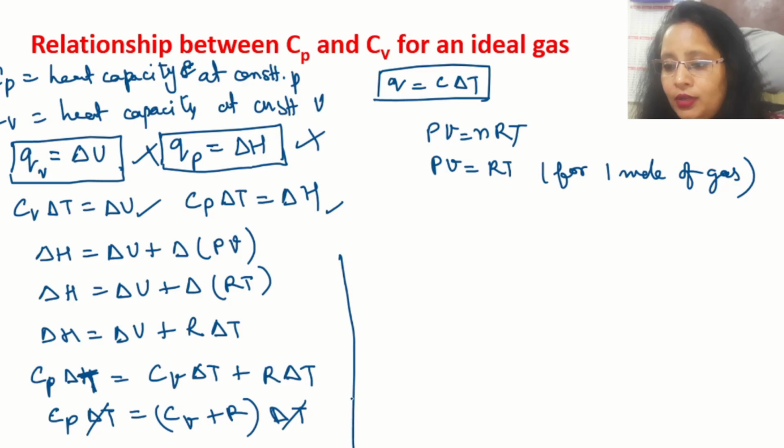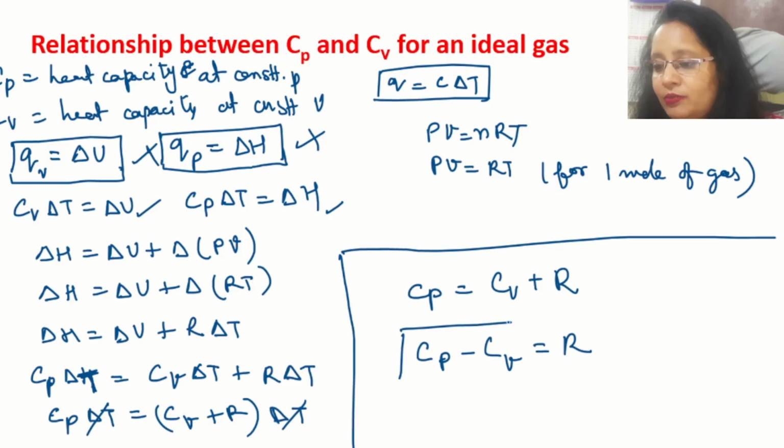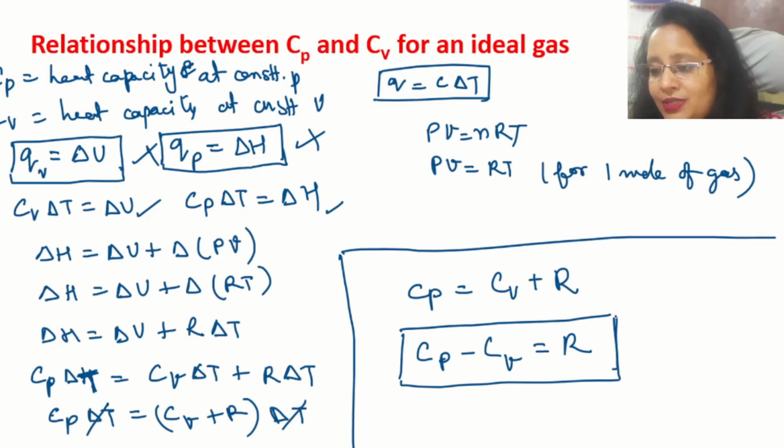What is left over here? We can write Cp is equal to Cv plus R, or we can write Cp minus Cv is equal to R. Now here comes the relationship between Cp and Cv. Cp means heat capacity at constant pressure minus heat capacity at constant volume is equal to a constant R.